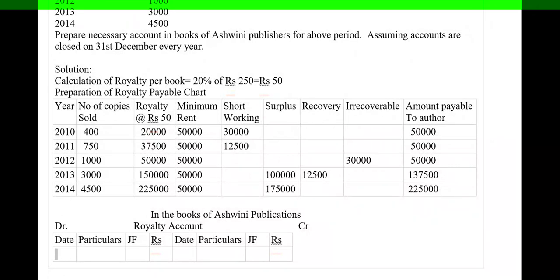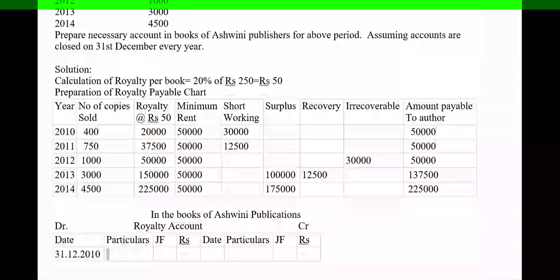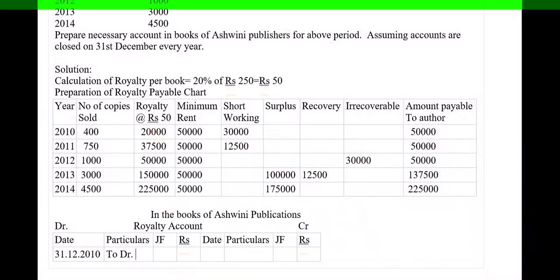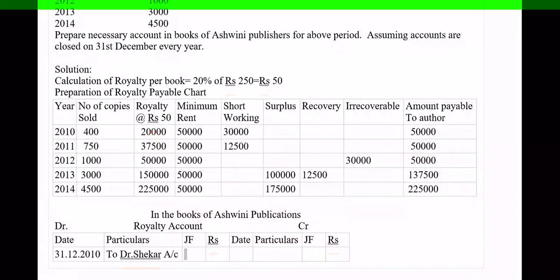So on 31/12/2010, when the royalty is payable, the entry will be royalty account debit, short working account debit to Dr. Shekhar's account. So the royalty payable here is rupees 20,000.